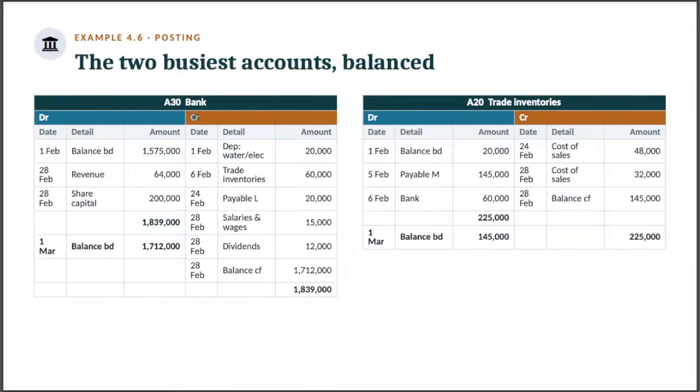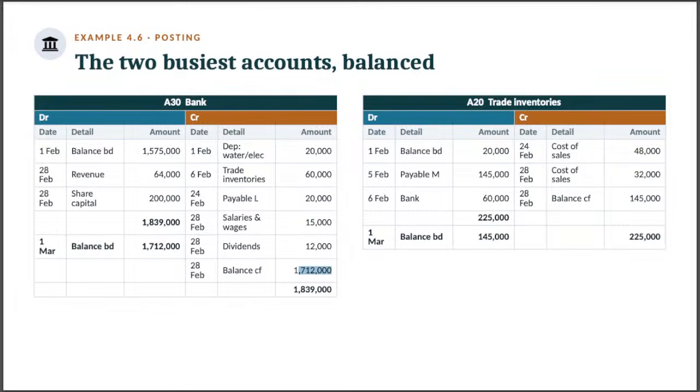Then with the credits, on the 1st we had to pay that deposit for water and electricity. We had to get some trade inventory. We had to do the payable from the bank. We had to pay that 20,000. We had to pay salaries and wages, and we had to pay dividends, 12,000. All that came out of our bank account. That all adds up to 1,712,000.